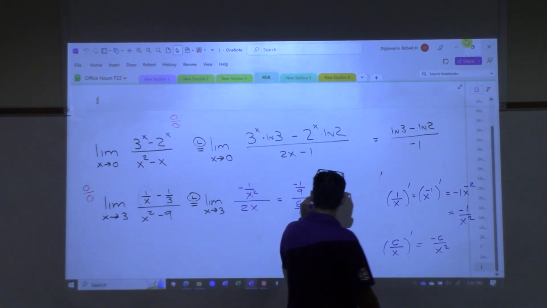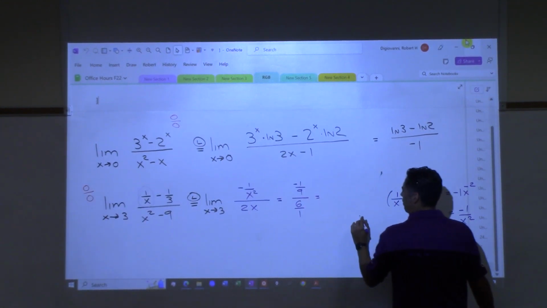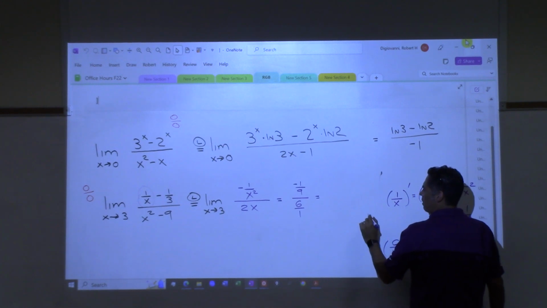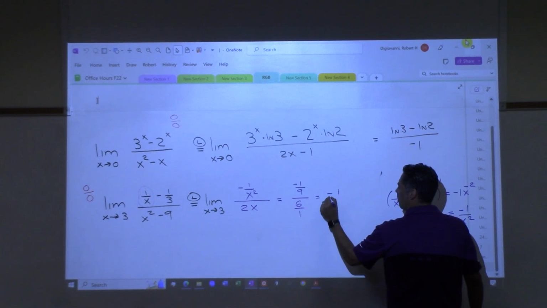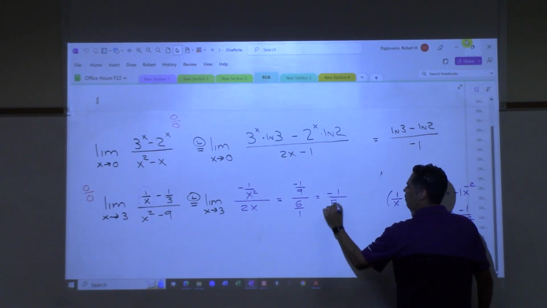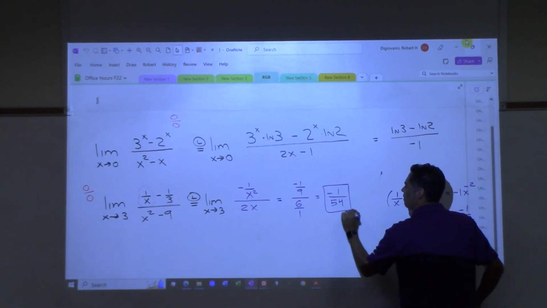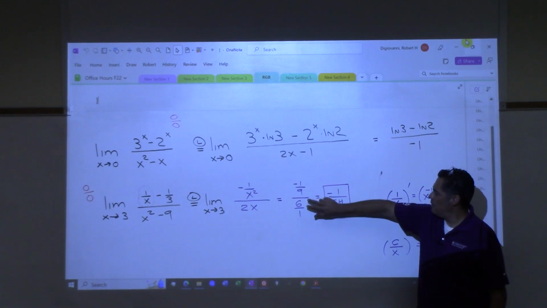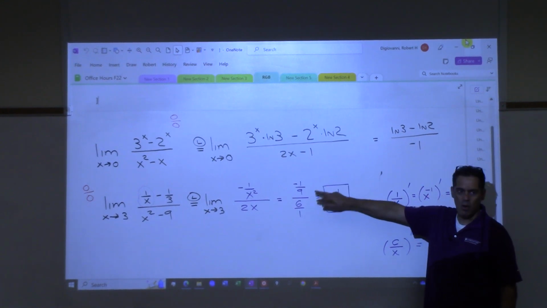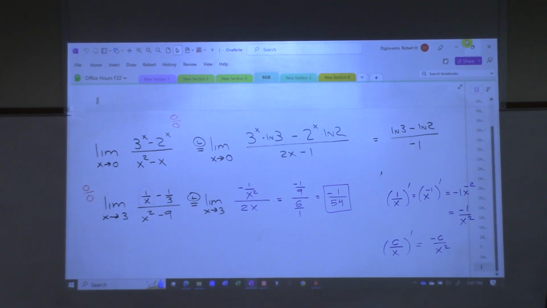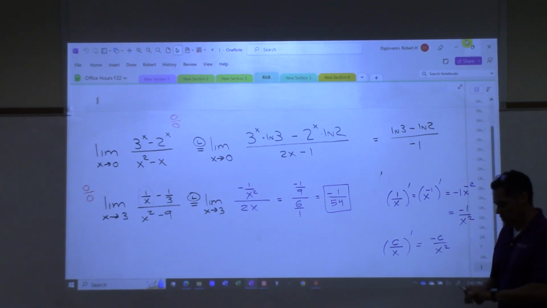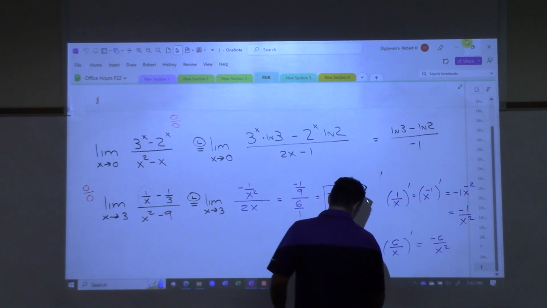So negative, careful, negative 1 over 54. You keep this one, bring this one and flip it, it's 1 over 6, multiplied across. Yeah? All right, let's do another one.